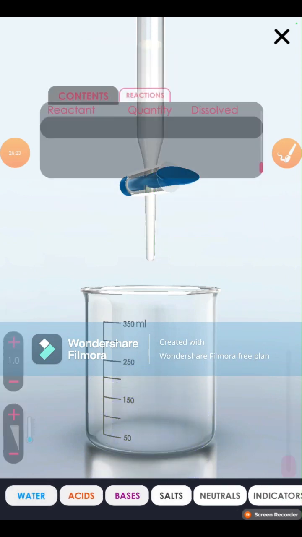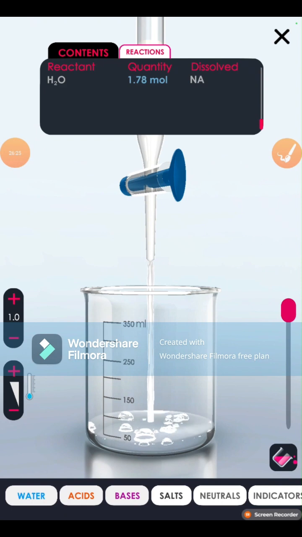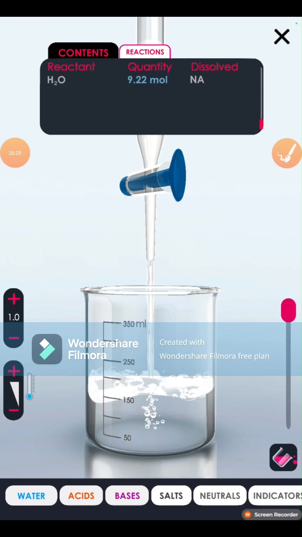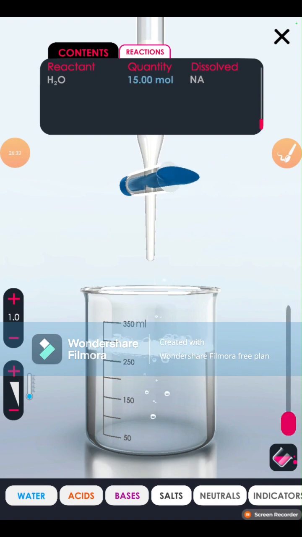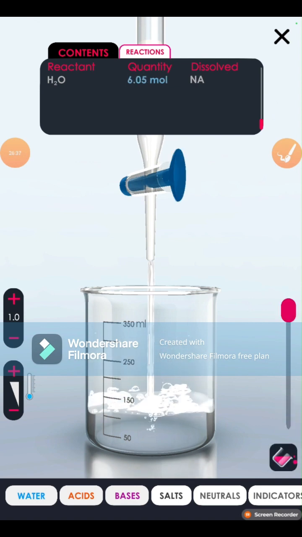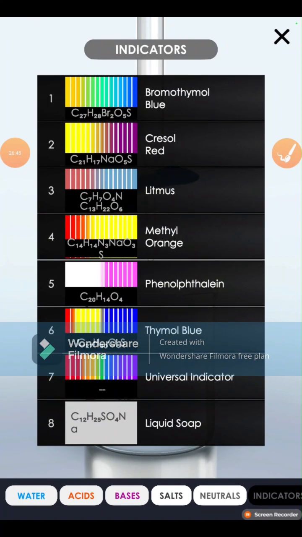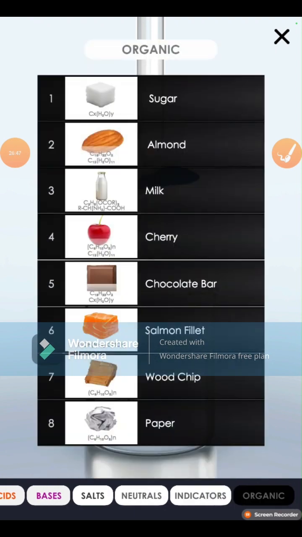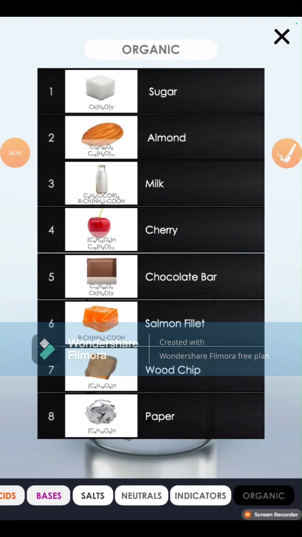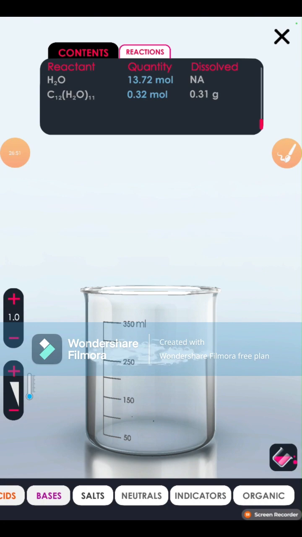If I add some water, a full beaker of 250 ml of water. Okay, I filled it with 250 ml. Now let's add sugar, adding more until it is not dissolved.